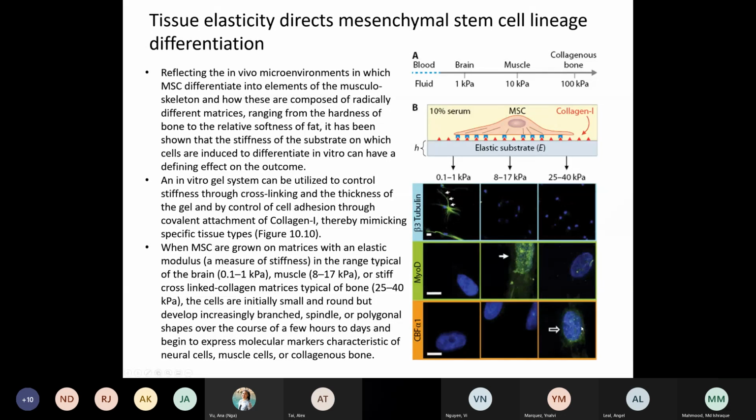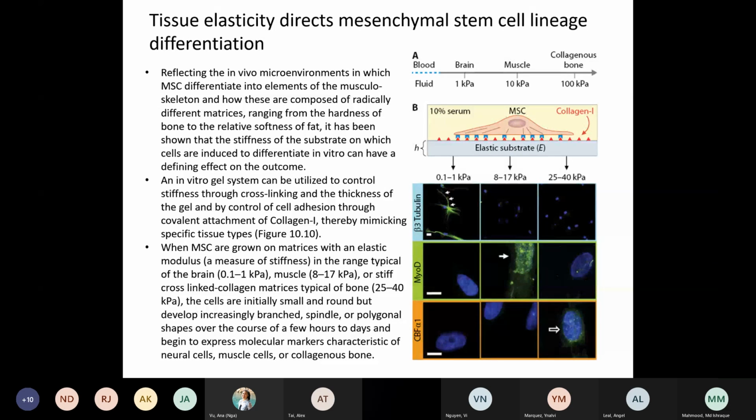So their conclusion here is maybe the environment is very important to determine the differentiation potential of mesenchymal stem cells. So one more thing you learned here is it seems that mesenchymal stem cells have additional potency. They will not only differentiate into the classic three lineages, the tri-lineages, which is chondrocyte, adipocyte, and osteoblast.